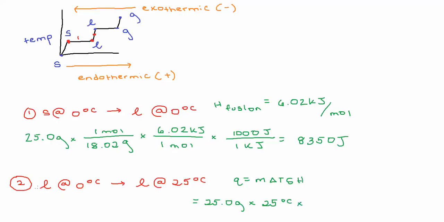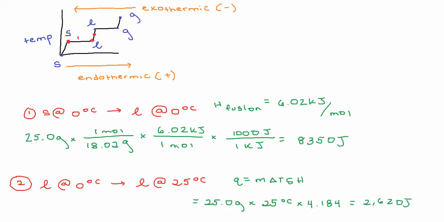And then I'm dealing with a liquid, so I'm going to put the specific heat of liquid water. Keep in mind, if it's a solid that's changing temperature, you need to put the specific heat of the solid. And so what I get for this is 2,620 joules.